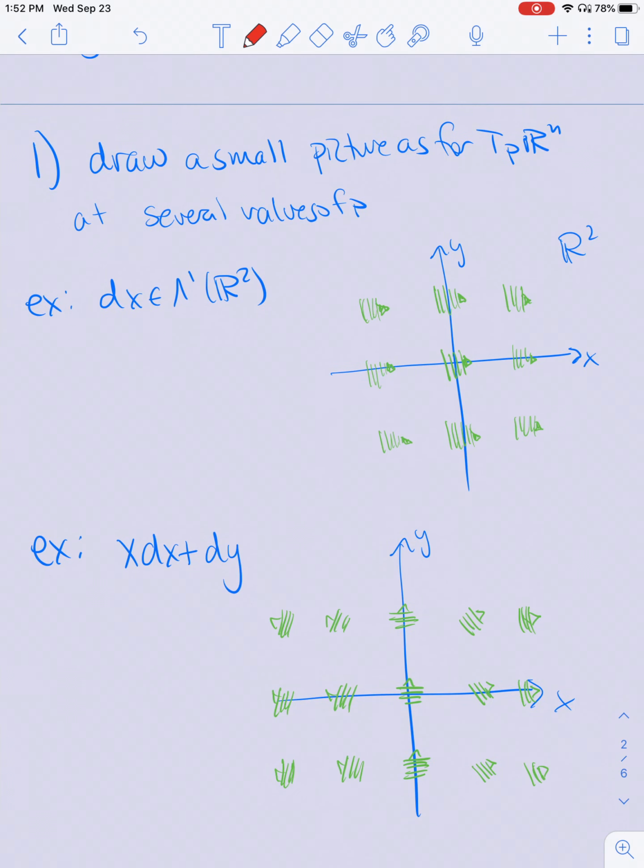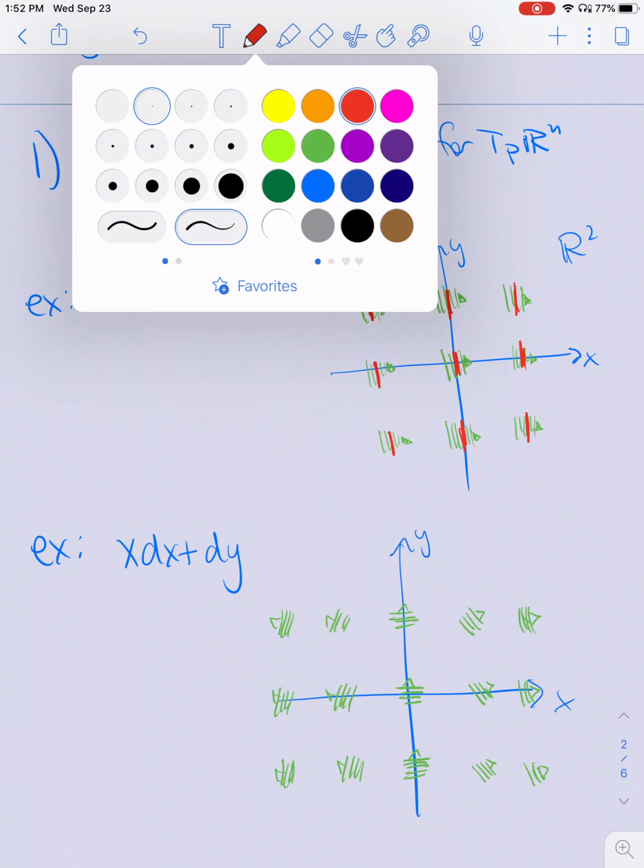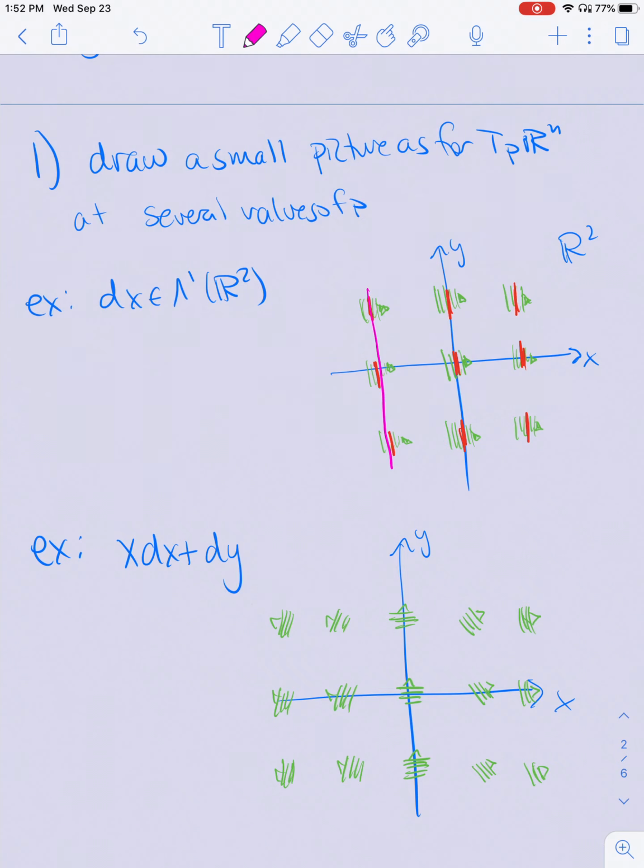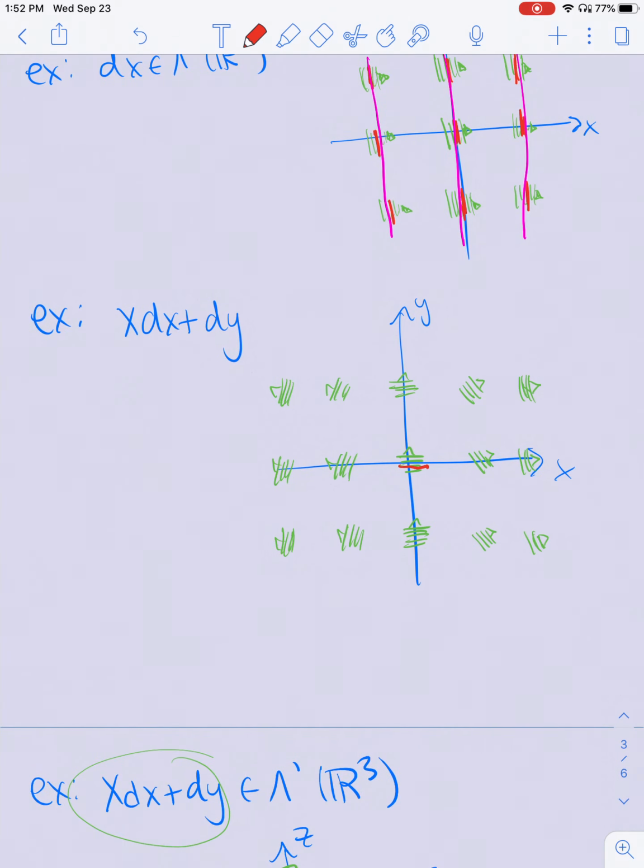So for dx, for example, that's just this one level set in the middle. And basically, I just connect the dots. So what I'll end up getting is all these vertical lines again. But for this example, I'll draw my 0 in the middle. And what I should end up doing is connecting them all.